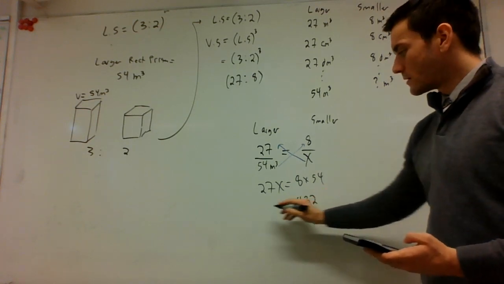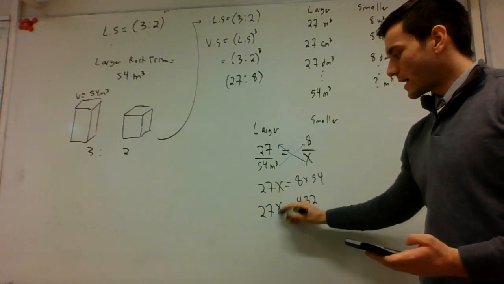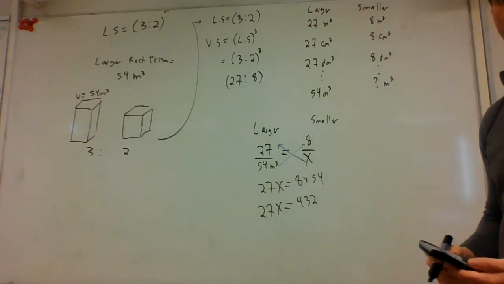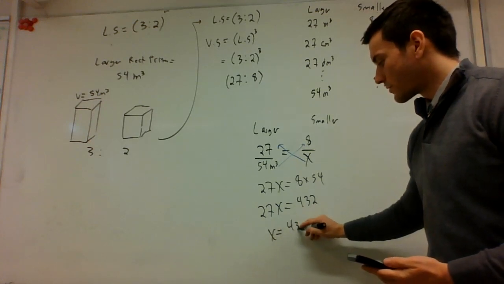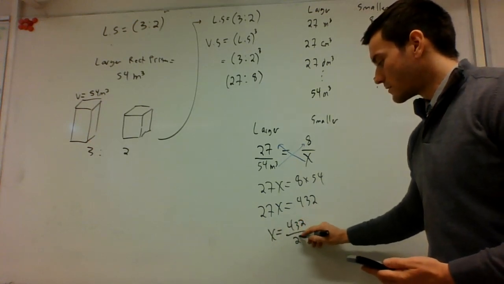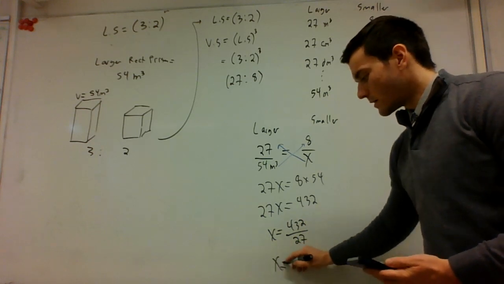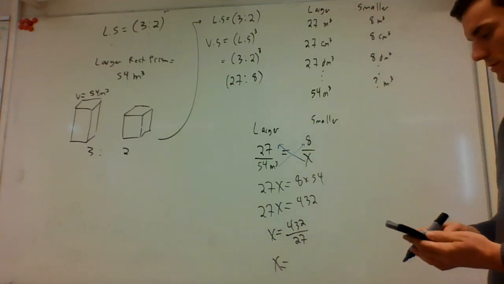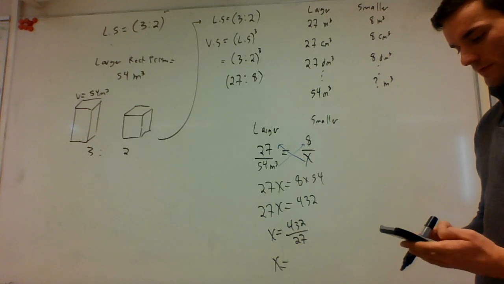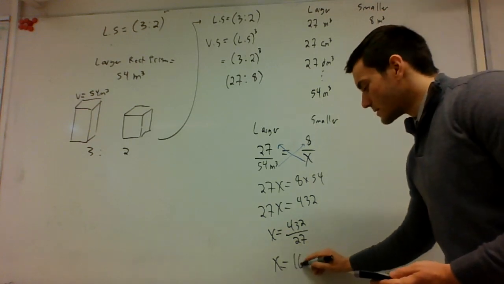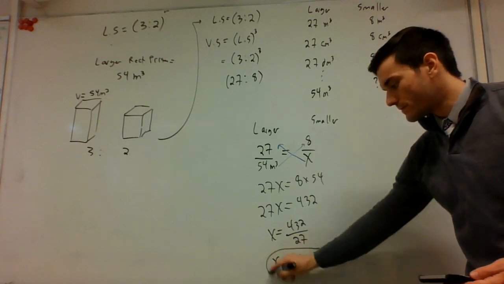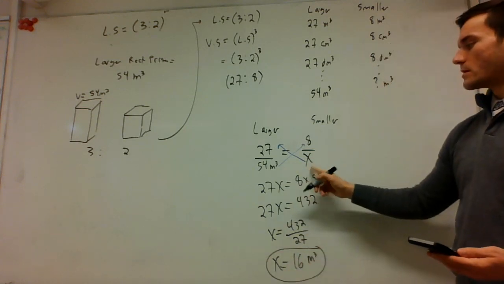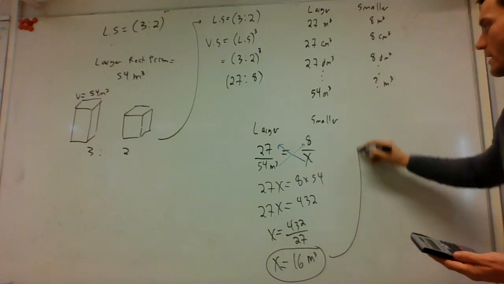So 27 times x is 432. To solve for x, x equals 432 divided by 27. x equals 16. It was meters cubed here, so it's meters cubed down here. And remember, x was the volume of the smaller rectangular prism.